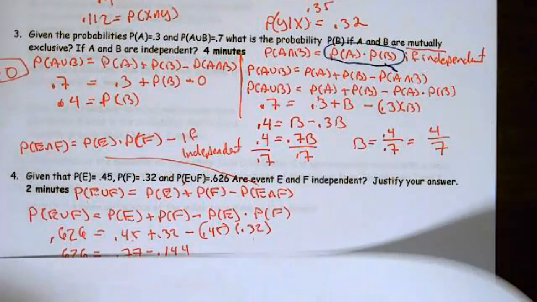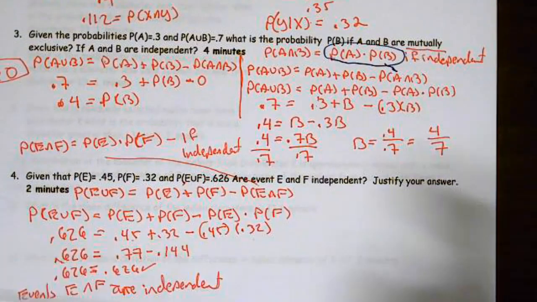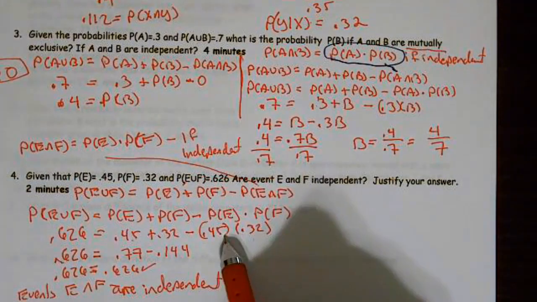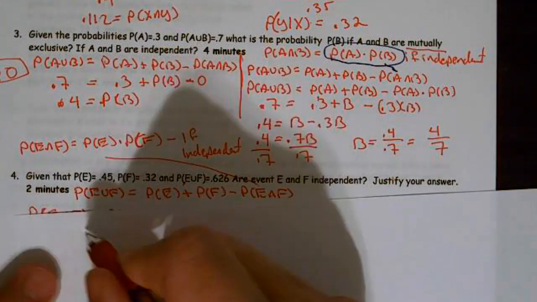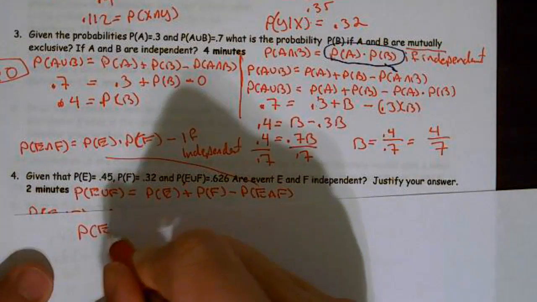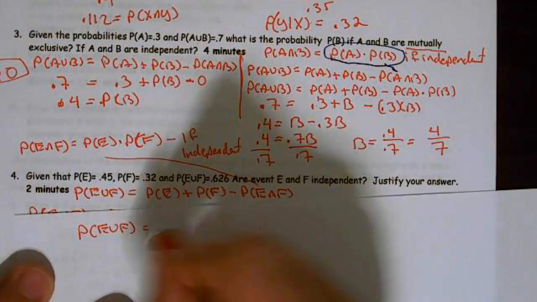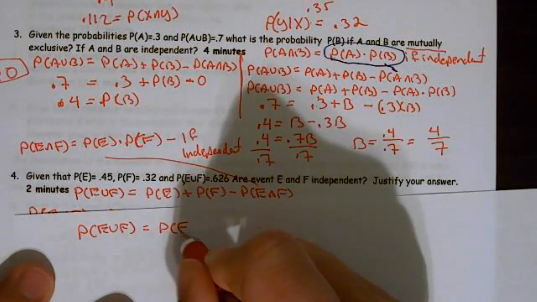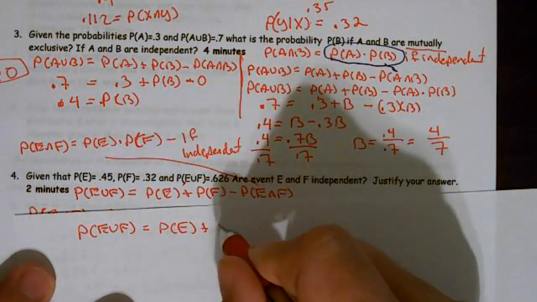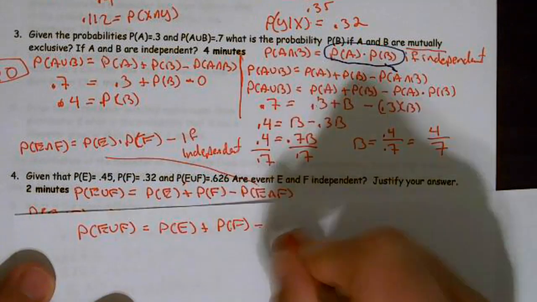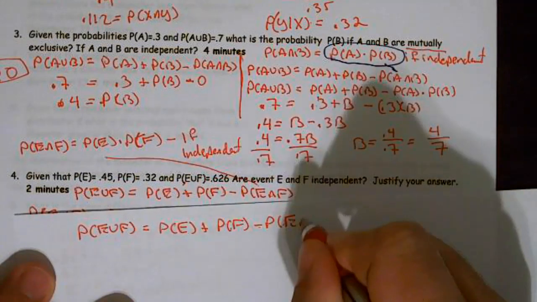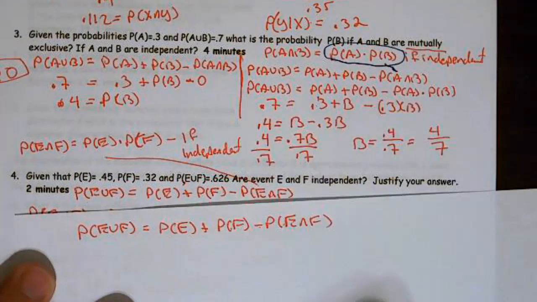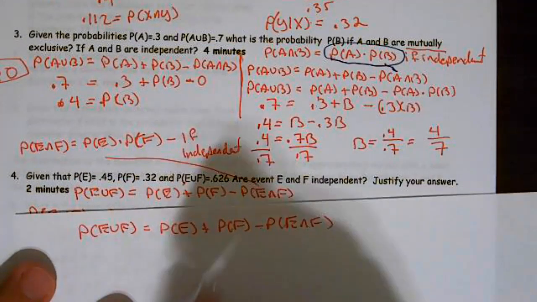All I did was plug in because this had to be true. Another way would have been, well, the probability of E union F equals the probability of E plus the probability of F minus the probability of E and F. I just wrote the general addition rule and plugged in.